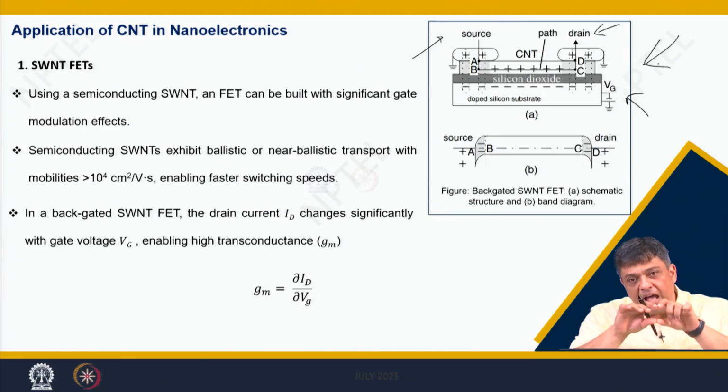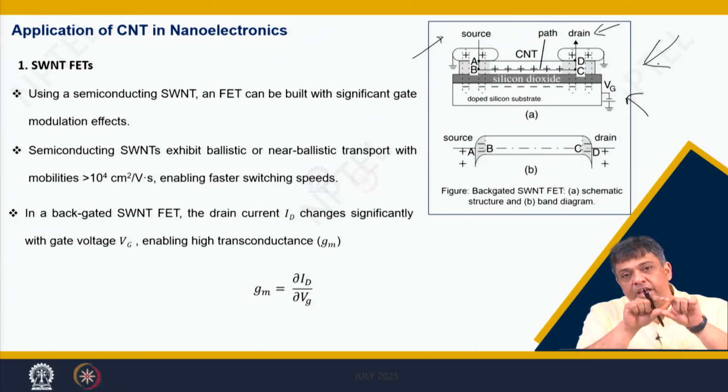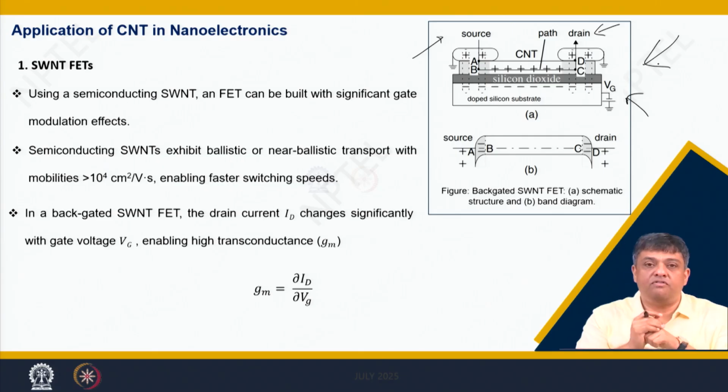Now, they are aligned channels, and this is what you need in an FET, that there should be a channel for the flow of charge. And we had seen that the electrical properties in these channels can be changed by applying electrical and magnetic fields. This we had seen in the previous lecture.